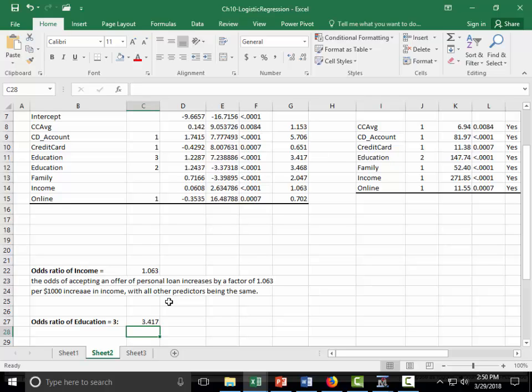When the predictor variable is interval, X going up by 1 makes sense. But education increasing by 1 doesn't make any sense because these are codes. 1, 2, and 3 are codes. Increasing by 1 doesn't mean anything.